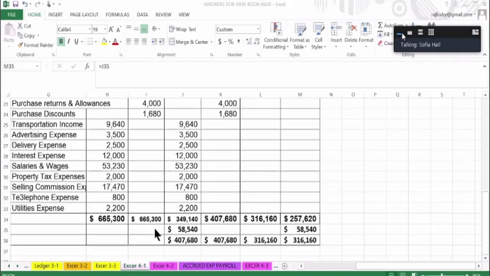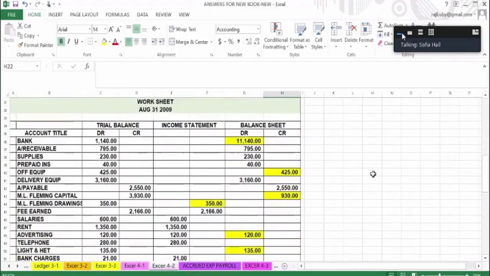Next one also, did you do the next one? 4-2? Yeah, it's the same thing as the other one, right? No, in 4-2 there are some errors. Yeah, but the idea is the same, right? Same, but we have to find out the errors, and these are the errors.